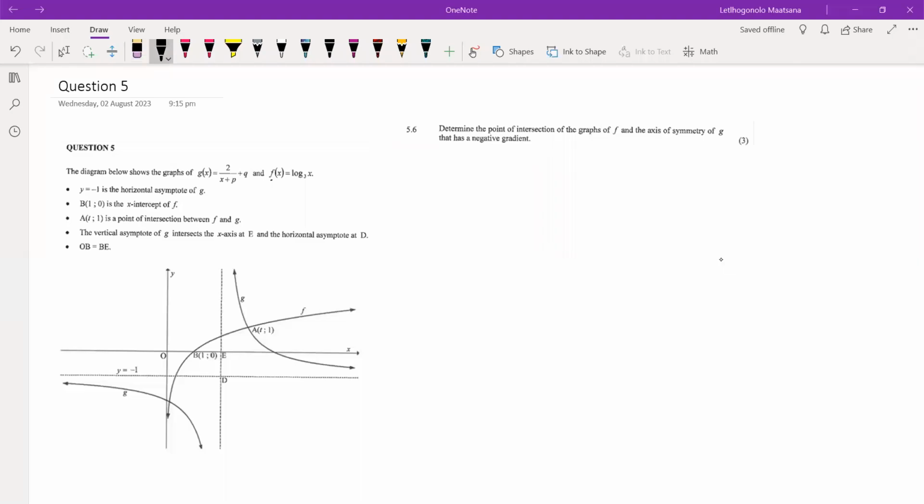For method 2, we acknowledge that for our axis of symmetry that is negative, our gradient will be equal to minus 1. So what does that mean? It means that when my x increases by 1, my y decreases by 1. Or I can say when my x is decreased by 1, my y will increase by 1.